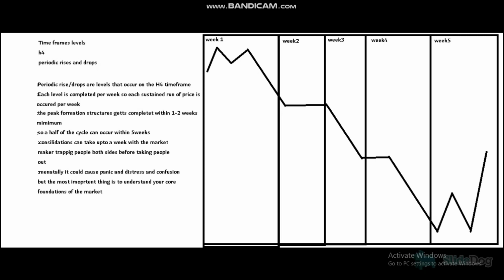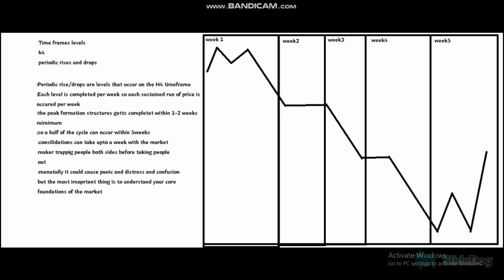So consolidation can take up to a week in the periodic rises, which will cause a lot of havoc in the smaller time frames. But if you understand your core values, your higher time frame, because the highest time frame you're going to use in this strategy is the H4 or the daily, but the H4 models, that consolidation will cause a lot of havoc in the smaller time frames, showing a lot of signals, showing a lot of trades, but it's just consolidation.